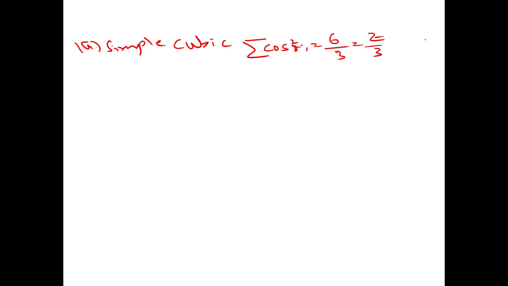For a simple cubic, any cubic lattices, the summation of cos square theta i is equal to 6 by 3, that is z by 3.